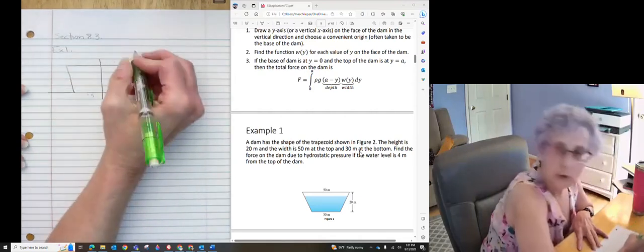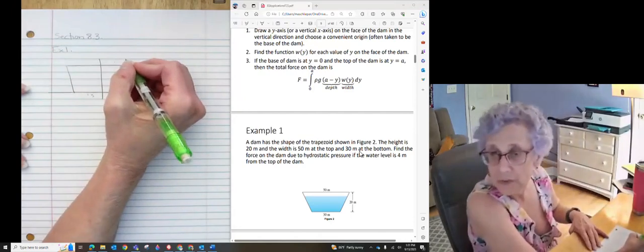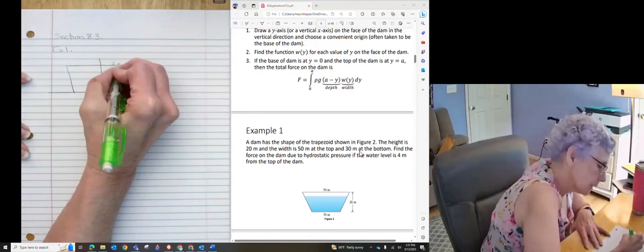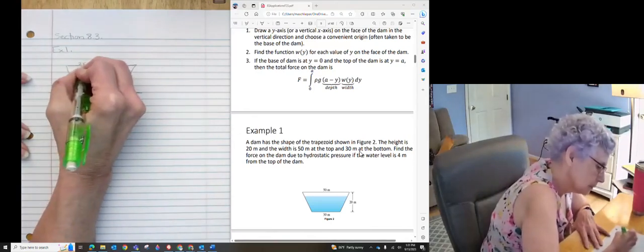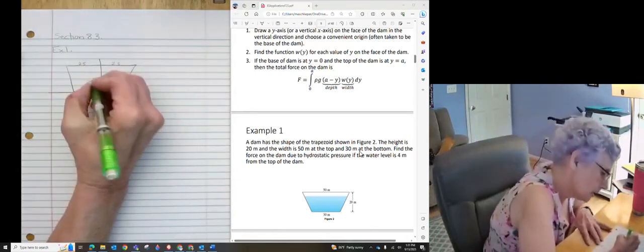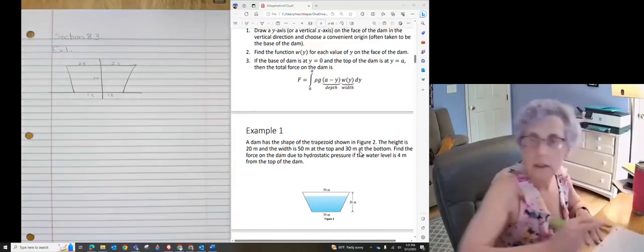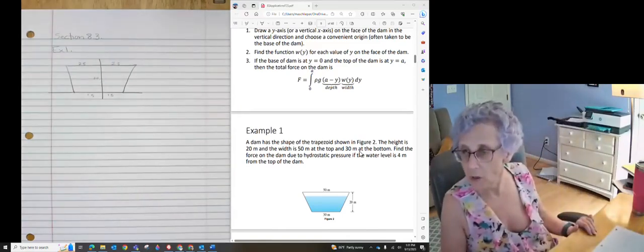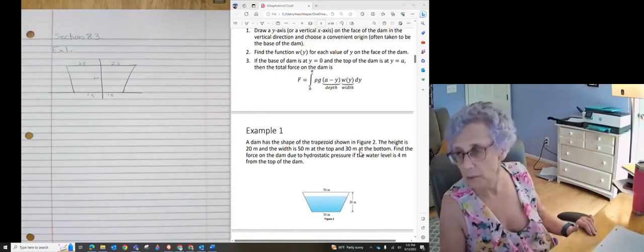So this would be 50 meters wide at the top, so we have 25 here and 25 here. And let's go ahead and label this as 20 meters tall.